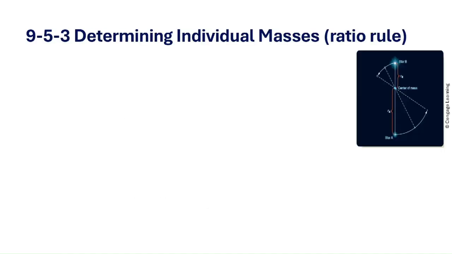Alright, now that we can find the total mass from the orbital size and period, the next step is to split that total mass into the two individual star masses. We can do that using the inverse relationship between each star's mass and its distance from the system's center of mass.